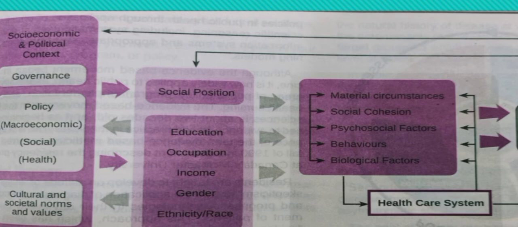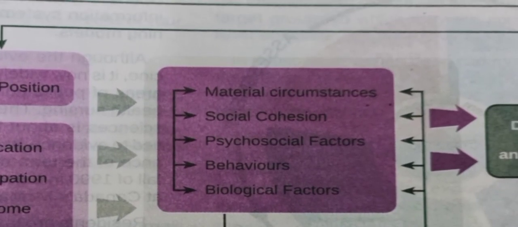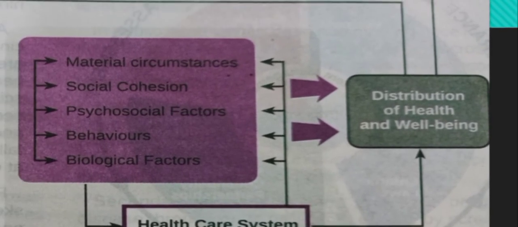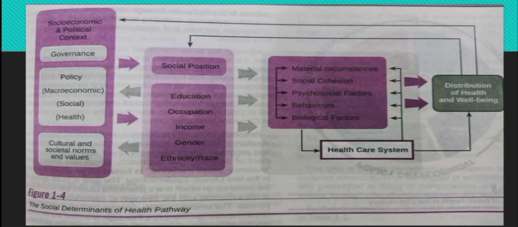Then material circumstances, social coherence, psychological factors, behaviors and biological factors distribute health and well-being through the healthcare system.